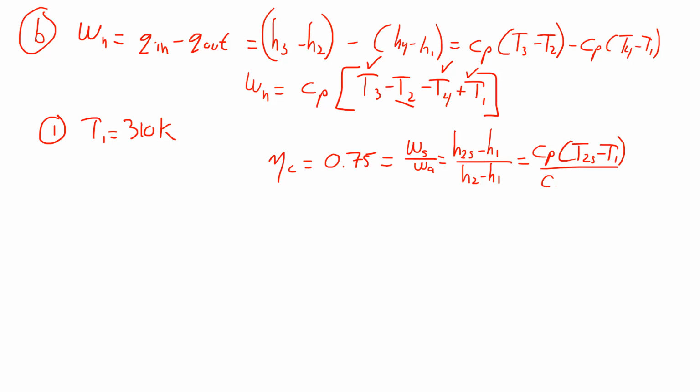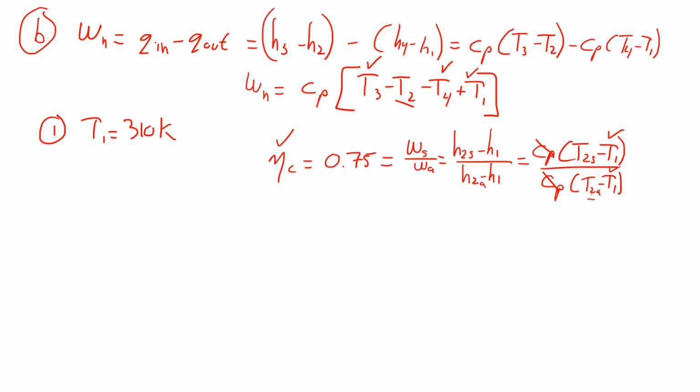Again, I can factor out the Cp from the delta H to get Cp delta T since I assumed cold air standard assumptions, which is constant specific heats at room temperature. So the specific heats cancel out. So in this, I have the efficiency, and I have T1, trying to find T2 actual.